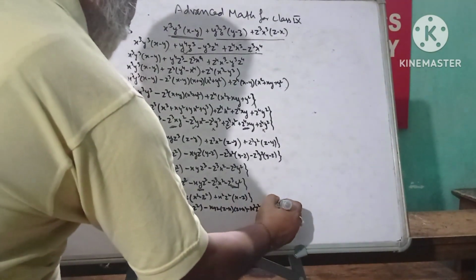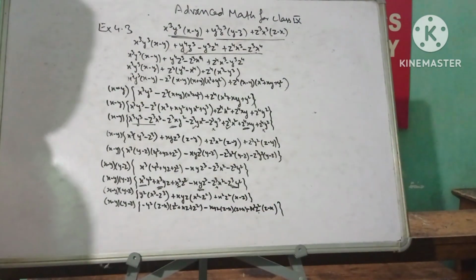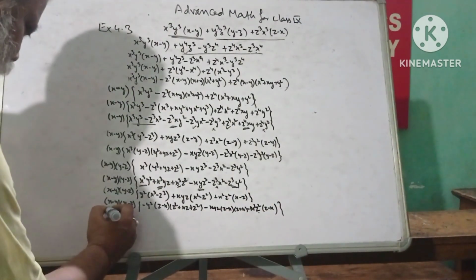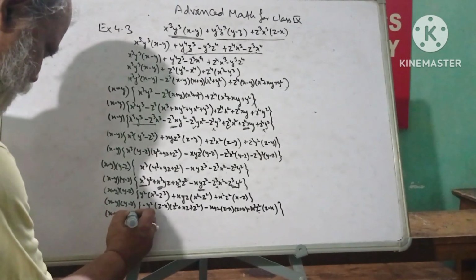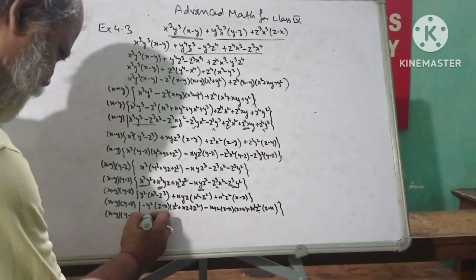So now here I am going to take z minus x common, so this will be x minus y, y minus z, so this will be z minus x.